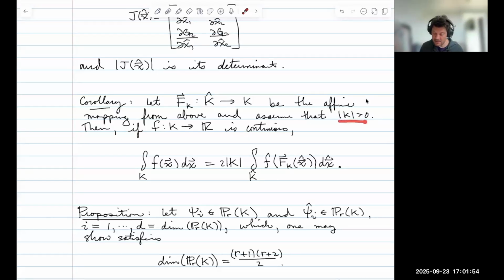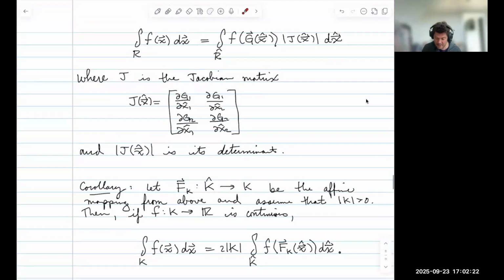And suppose that K is not degenerate, then if f is a continuous function which takes points from the triangle into the real numbers, so this is a real valued function over the triangle K in the mesh, then the integral of that function over the triangle K in the mesh is exactly equal to this integral. And all we're doing is applying this theorem here. This is the hard integral, and this is the integral that should be a lot easier for us to do.